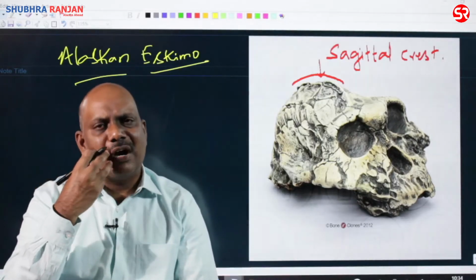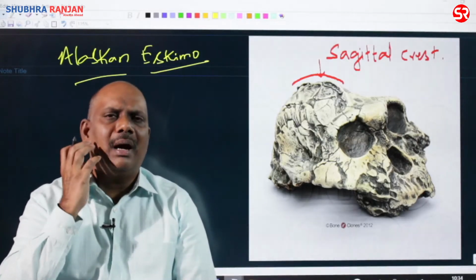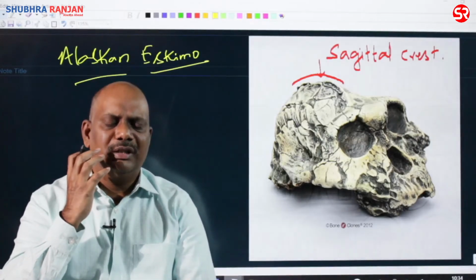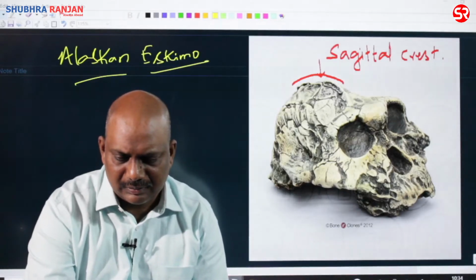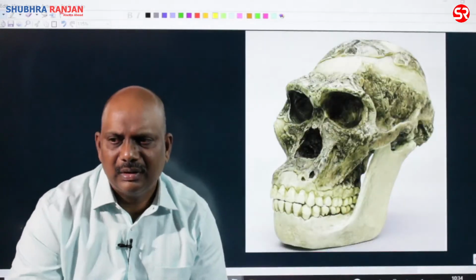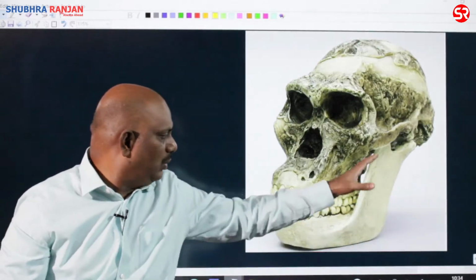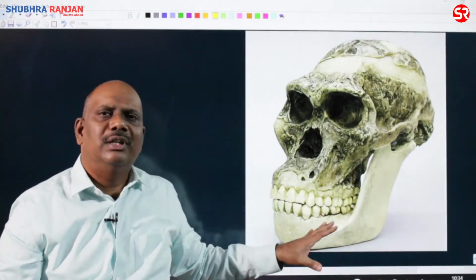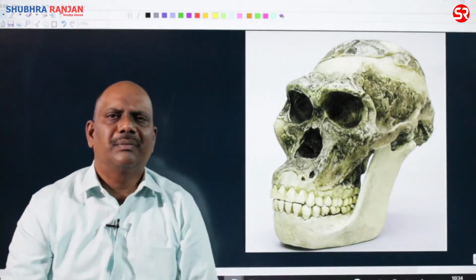For this extraordinary biting and chewing, they had a large and massive lower jaw. I'll show you one picture. See how large and massive the lower jaw is, even though it's a reconstruction.